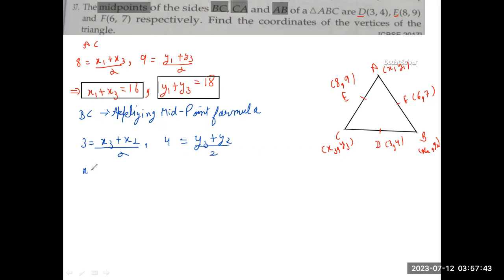Or I can say x3 plus x2 is 6 and y3 plus y2 is 8.